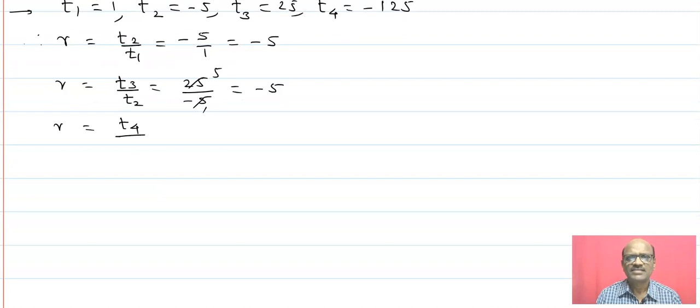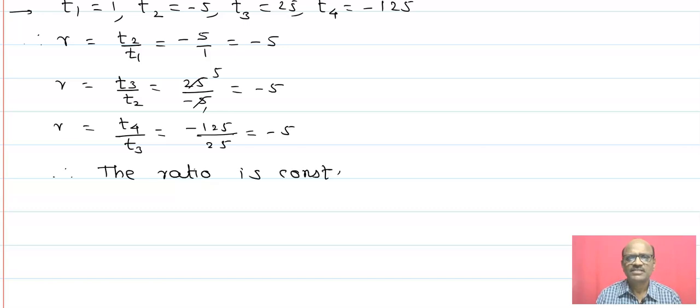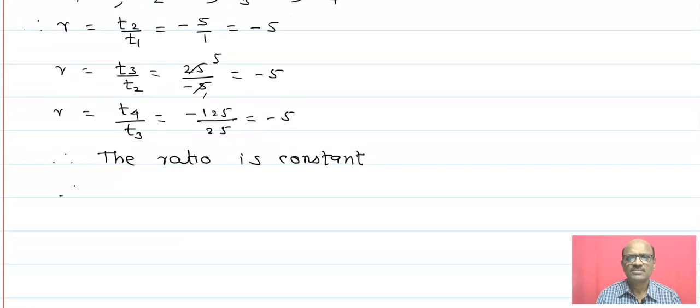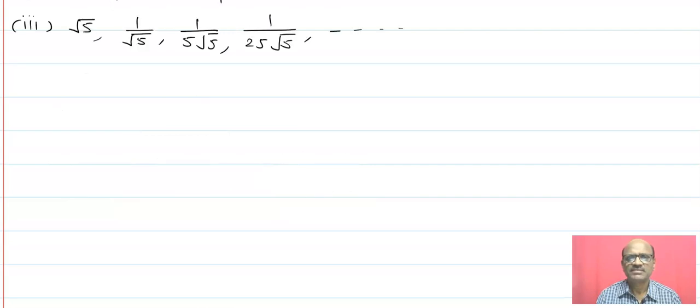And next, R is equal to T4 upon T3, that is minus 125 upon 25, that is minus 5. The ratio is constant. Therefore, the given sequence is in GP.